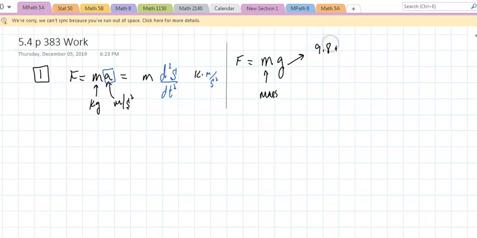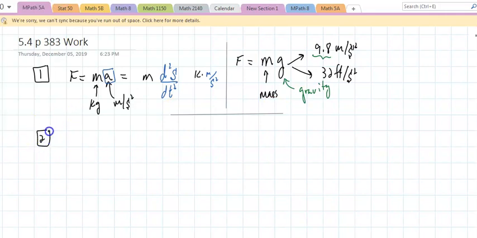It's either 9.8 meters per second squared, or it is 32 feet per second squared. And if you used 10 before, you should start using 9.8 instead. And of course, this is gravity. Alright, so that's a quick review of what force is. If you didn't know that, here it is.